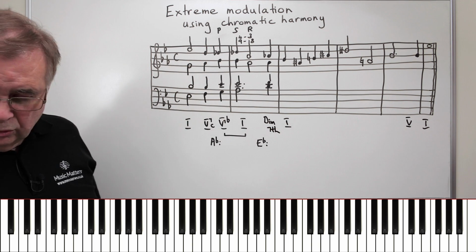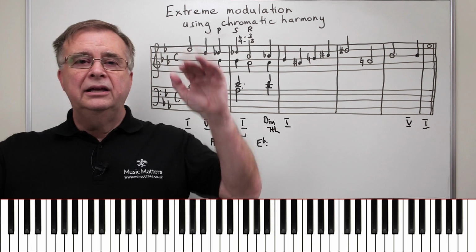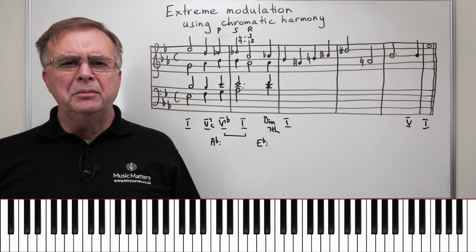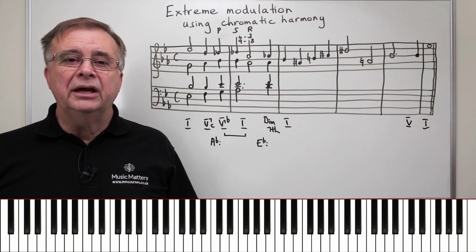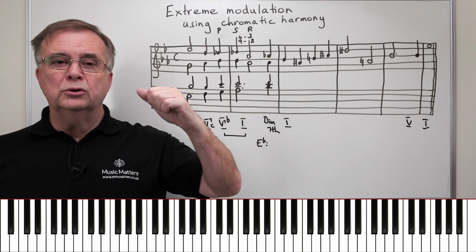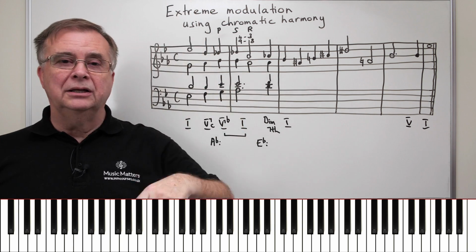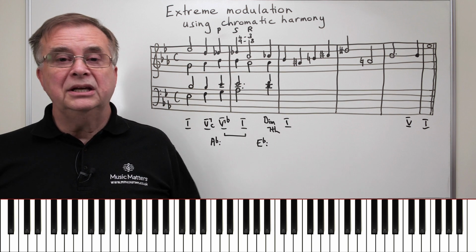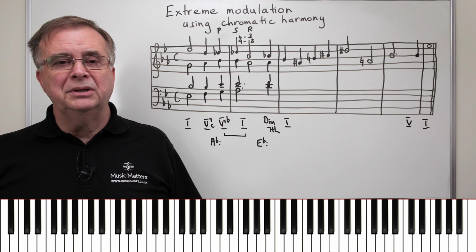A diminished 7th chord is always a pile of minor thirds, or the equivalent of minor thirds. What do I mean by that? Well, the equivalent of a minor third could be an augmented second. So if you look at all the notes in your chord and you've either got minor thirds piling up, or you've got minor thirds and diminished seconds somewhere, it's going to be a diminished 7th. That's the nature of a diminished 7th.